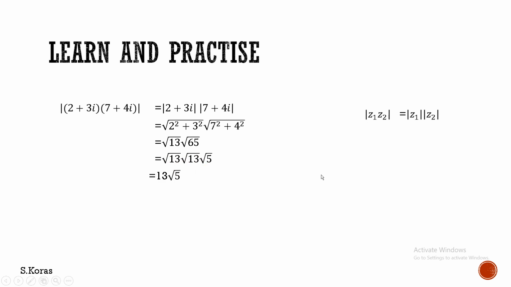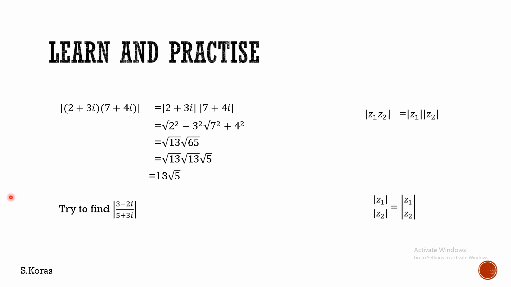Very simple. Now, using all these properties, I request you to do some problems below. First property, try to find this. As I told you, don't take conjugate. Don't try to simplify, no need. Because the property says modulus of Z1 by Z2 can be written as modulus of Z1 by modulus of Z2.